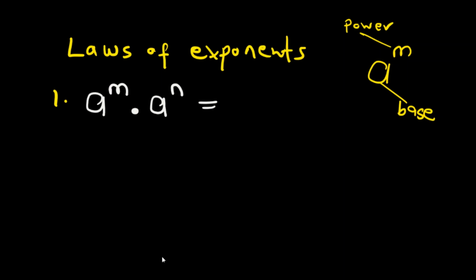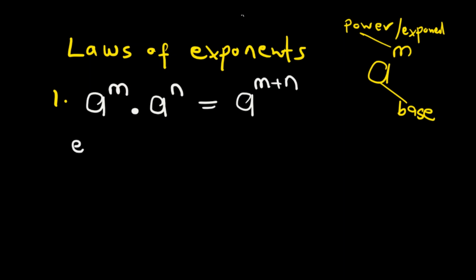So when you are having same bases, all you do is add the exponents or the power. So in this case, we're going to say a, and then we add the exponent of m plus n. So that is the first law of exponents.